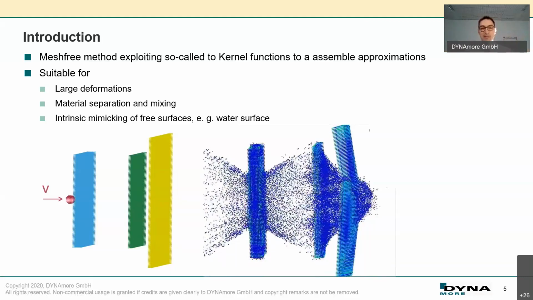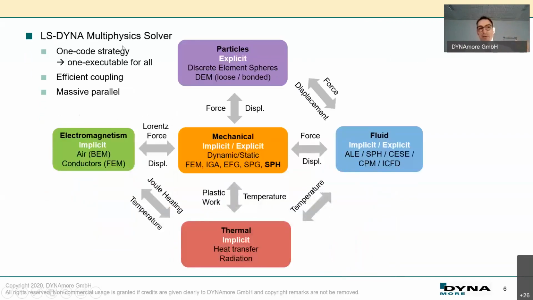A few remarks regarding LS-DYNA. LS-DYNA is a multi-physics solver, so it's not only crash related. Apart from other codes, LS-DYNA has a pretty unique one-code strategy. That means we have everything in one code. If you acquire a license of LS-DYNA, you get everything.